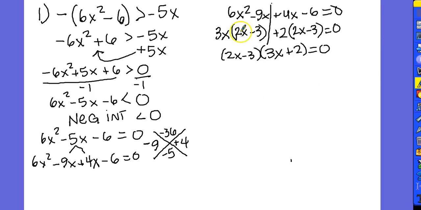Okay, so you can see there's a bit more work involved. The better you get at factoring, the faster, of course, this will go. Now we need to find our zeros. So 2x minus 3 equals 0, and 3x plus 2 equals 0. I'll go ahead and solve mine. You solve yours. You don't need me to solve that little baby linear.